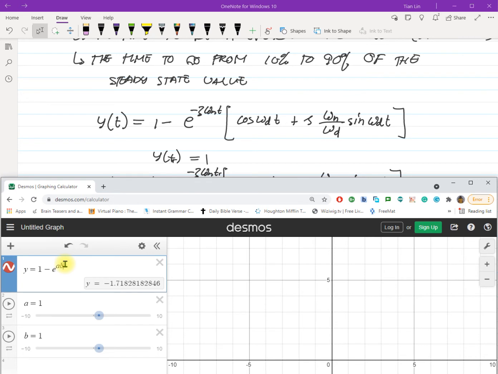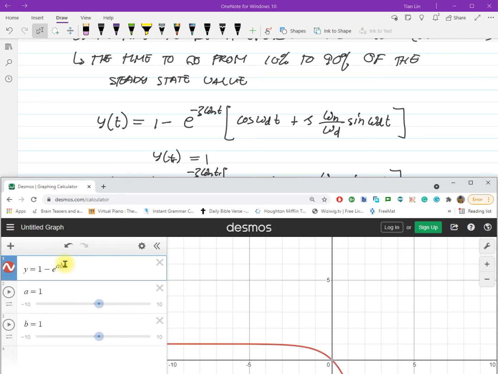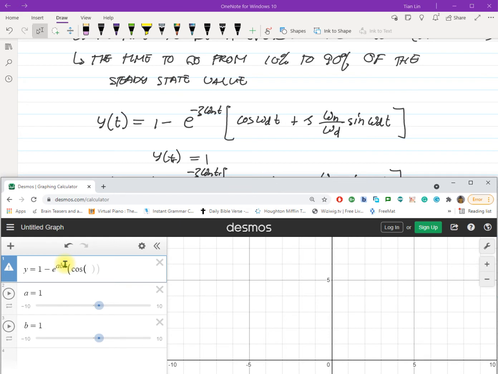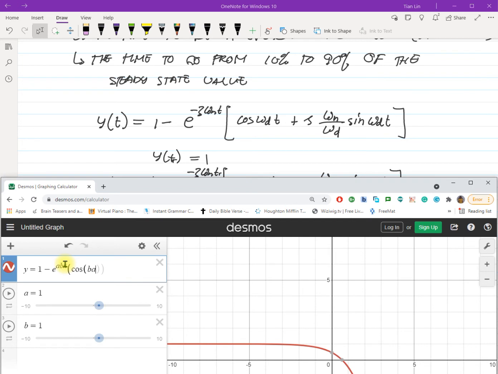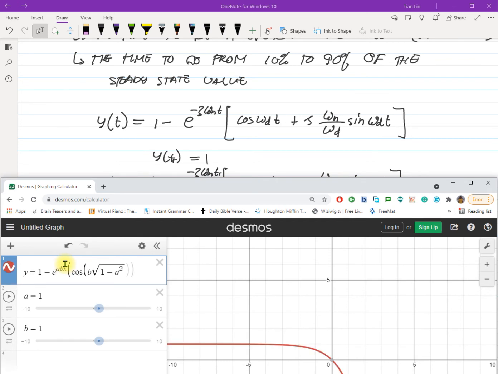Then you multiply it with d or x. Then this whole thing multiplied by cosine of omega d. Omega d is omega n, which is b times the square root of 1 minus zeta squared. Zeta is a, so this is squared. So this is for the cosine omega d, then multiply it by x.